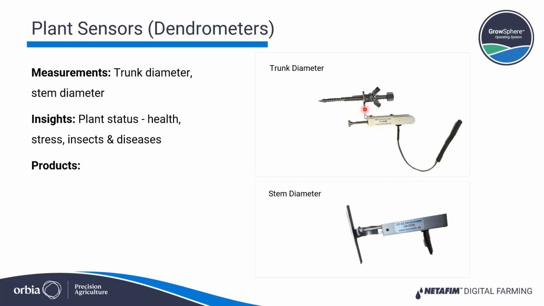The upper one is the trunk diameter measurement, and the other one the stem diameter. Their installation is quite easy, but there is maintenance required because they have a spring. Here is the spring, and once it is fully tensioned, you have to release it. So this is the only maintenance that is required.